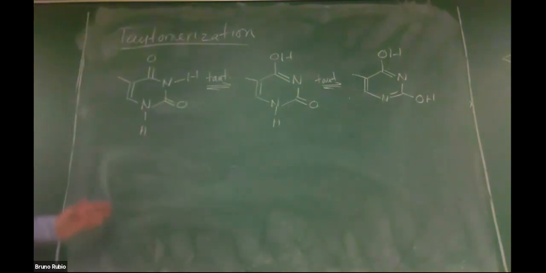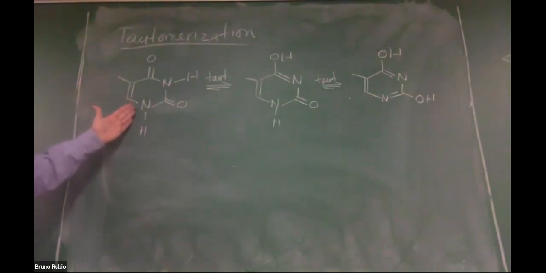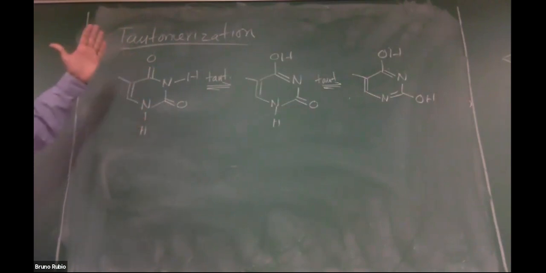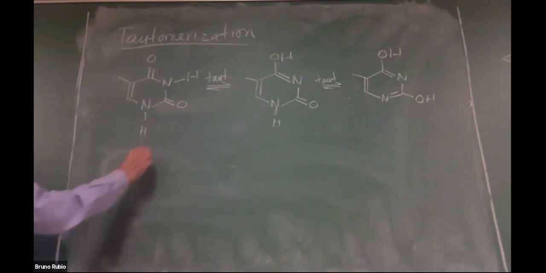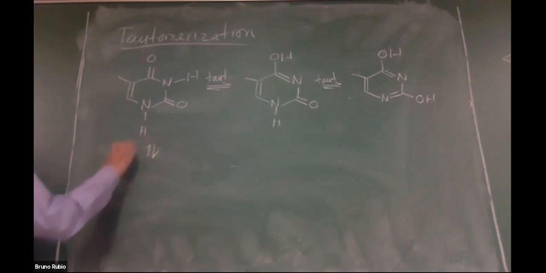Okay, so now this guy, let's go back to this one. This one can tautomerize in all kinds of ways, because I see all kinds of double, single bond to hydrogen motifs. So this guy could tautomerize in yet another way.